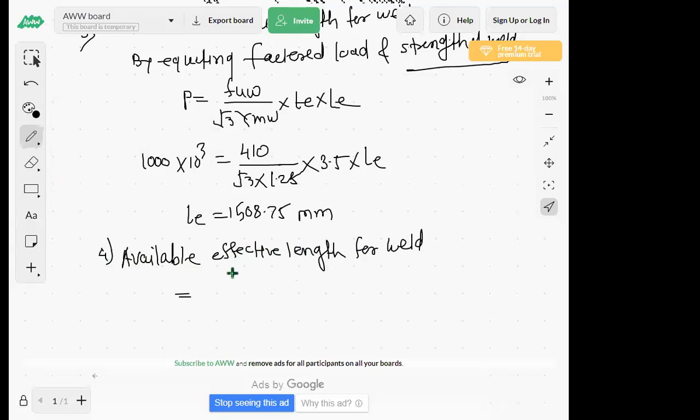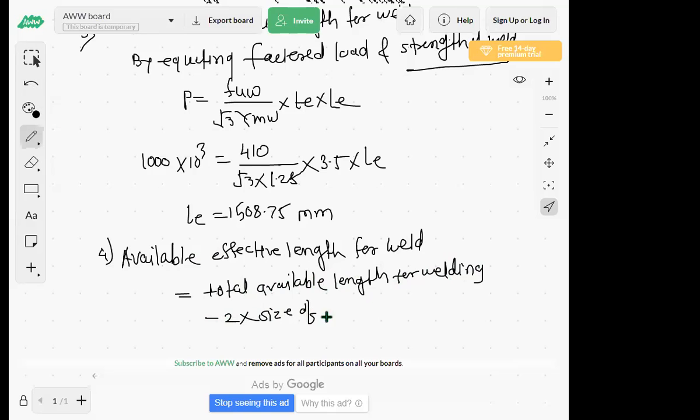What is the formula? It is equal to total available length for welding minus 2 into size of weld.